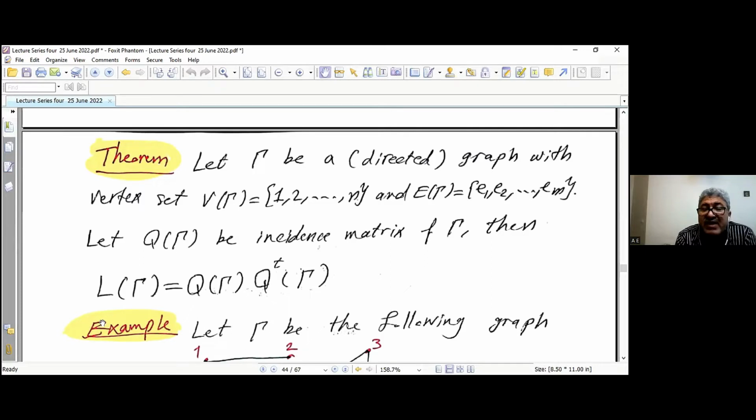So if we have n vertices and m edges, and Q of gamma is the incidence matrix, then the Laplacian matrix is the multiplication of the incidence matrix and the transpose of the incidence matrix. So if we have the incidence matrix, again, we can compute the Laplacian matrix.